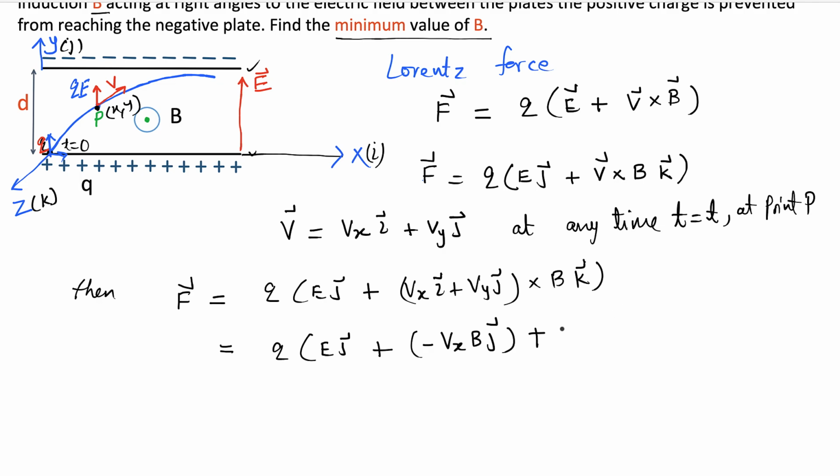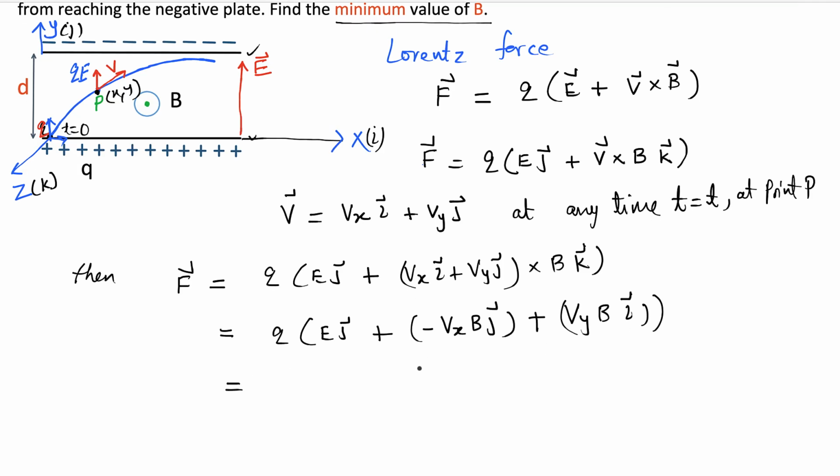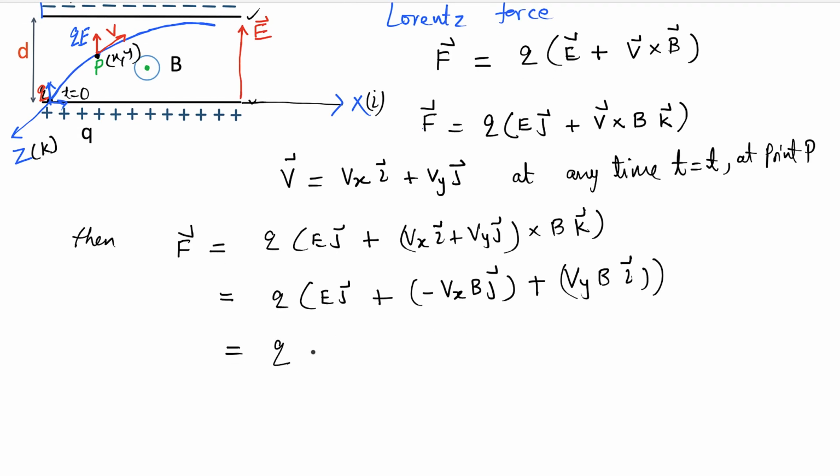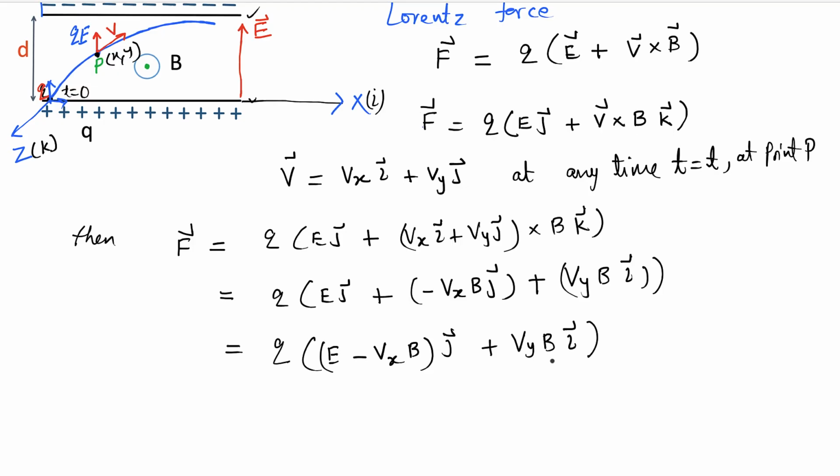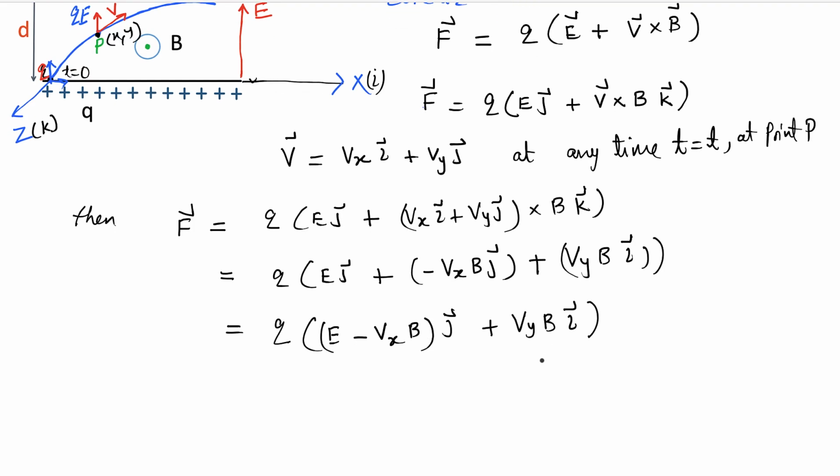So j cross k is simply i, so Vy B i. Let's club the j terms together. So q(E minus Vx B) j plus q Vy B i. So this is the total force acting on the particle at any time.